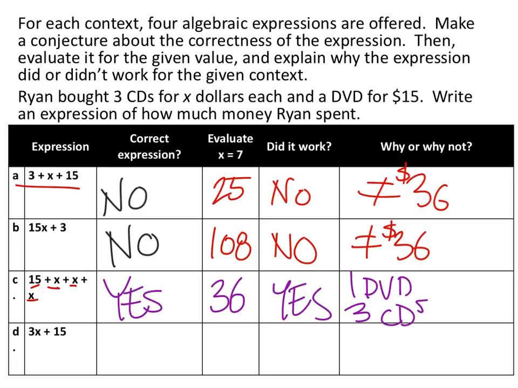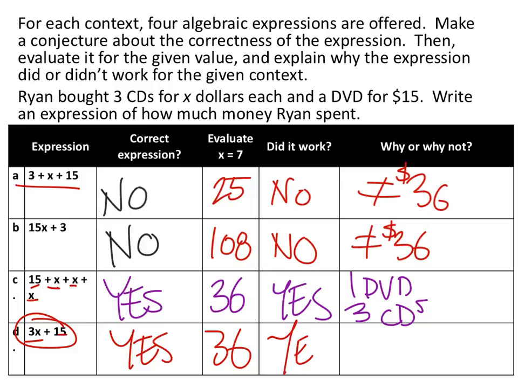Okay? This fourth one, once again, we have 3 CDs and 1 DVD, so yes. 36, yes. And 1 DVD, 3 CDs. And that completes the table.